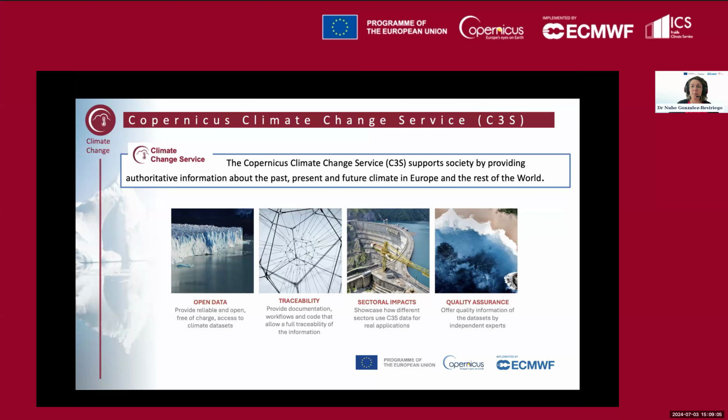We would also like to showcase how different sectors use the C3S data within a real application. And my final remark is that all the information that we are providing in the Copernicus Climate Change Service is quality assured, and we have independent quality checks.